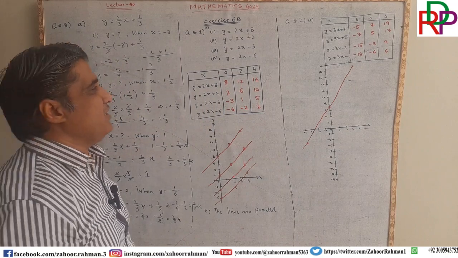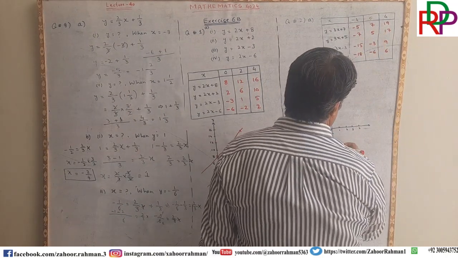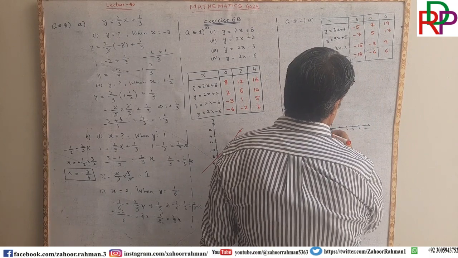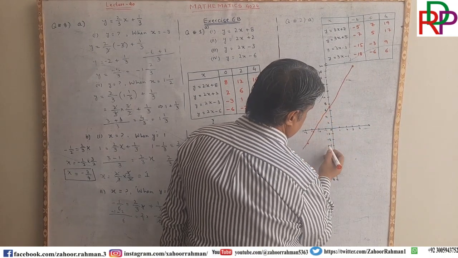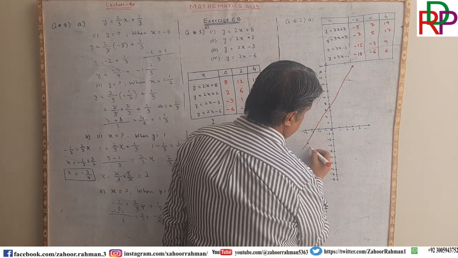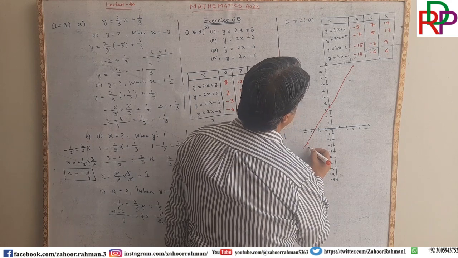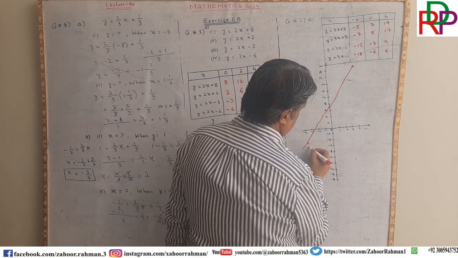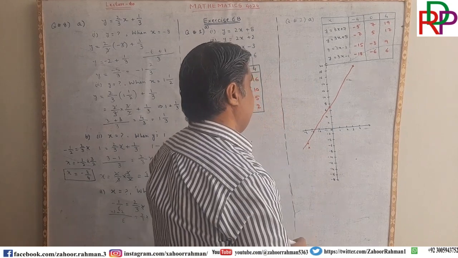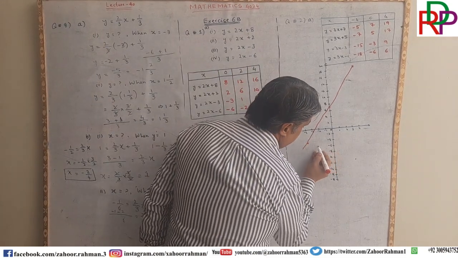Now the second one, when x is equal to minus 4, then it will be minus 6, and that will be minus 4 and minus 6 will be somewhere here. It should be in front of this.